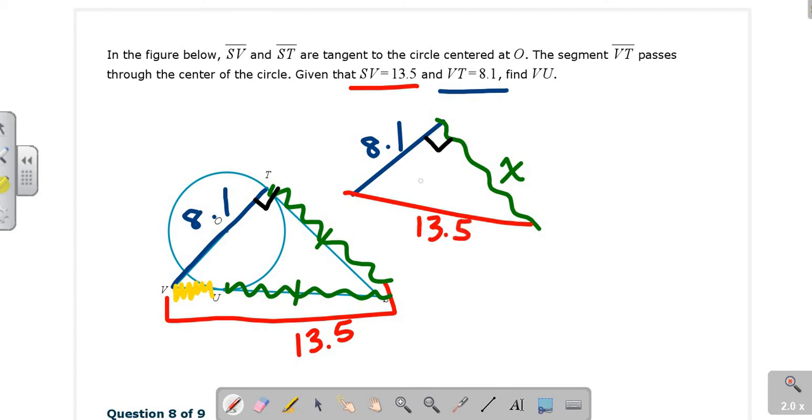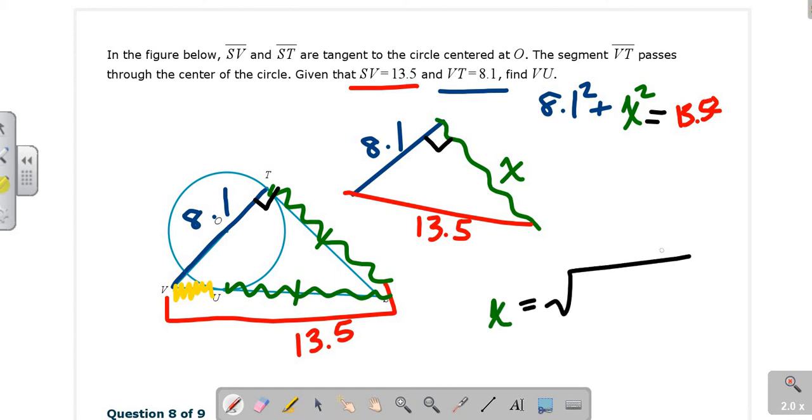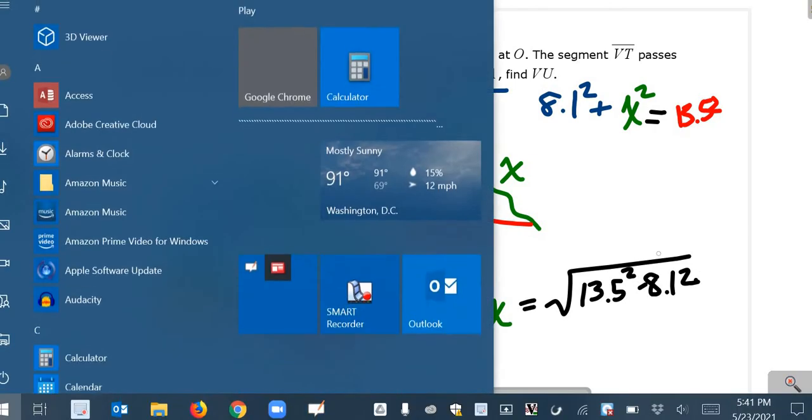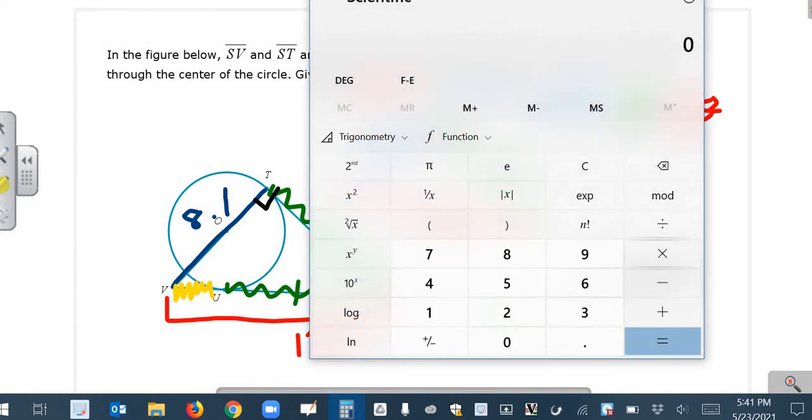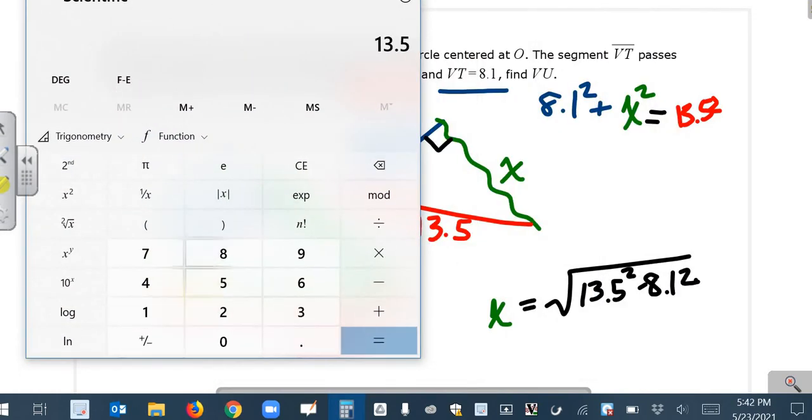and that's 13.5. Pythagorean theorem: 8.1 squared plus x squared equals 13.5 squared. So our x is going to equal the square root of 13.5 squared minus 8.1 squared. 13.5 squared minus 8.1 squared, and then square root, and we get 10.8.